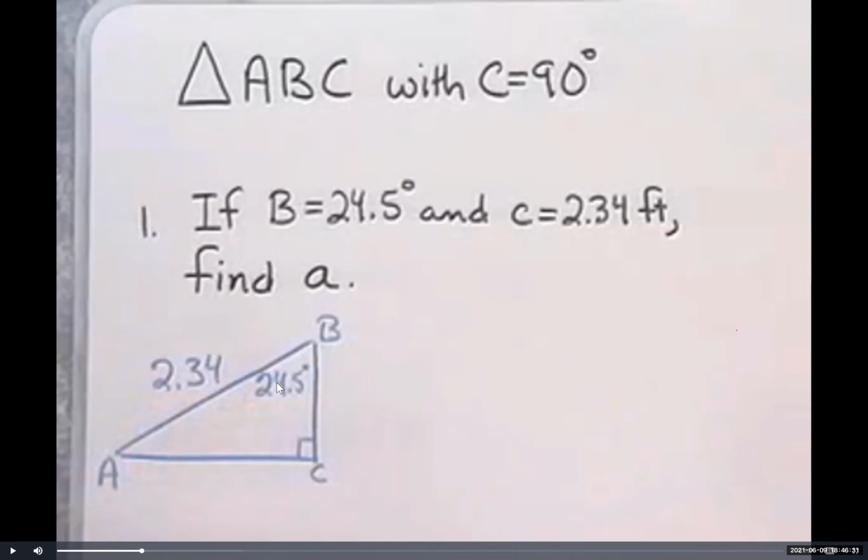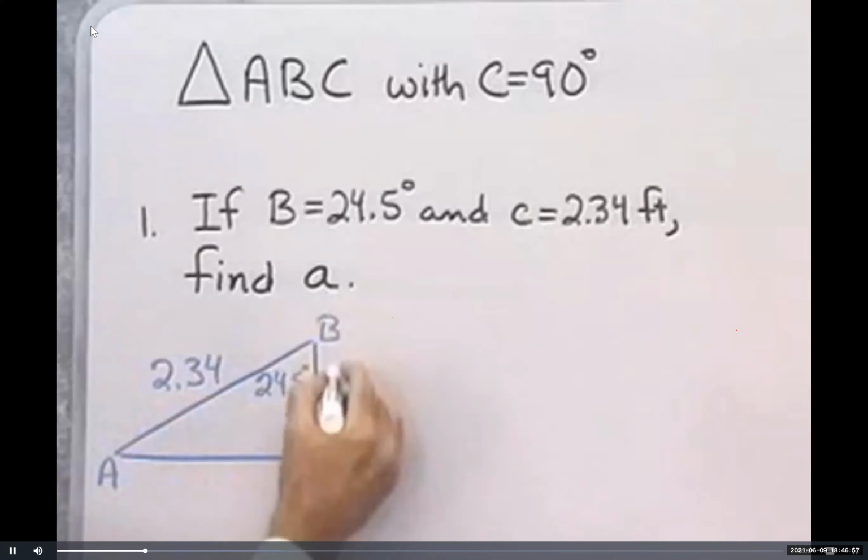Because you notice one of the angles is 24.5 already, and in reality the other one should be bigger than angle B, correct? But it's okay, the word if here doesn't matter. So this is just a regular right triangle. And again, you are allowed to apply the Pythagorean theorem if necessary.